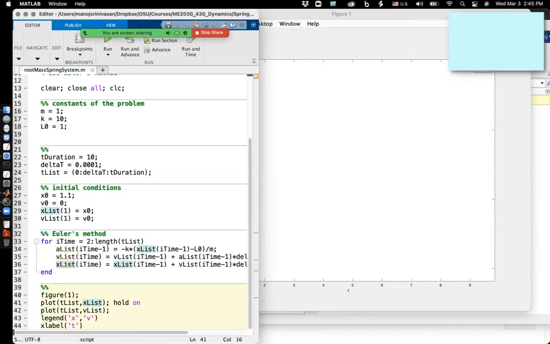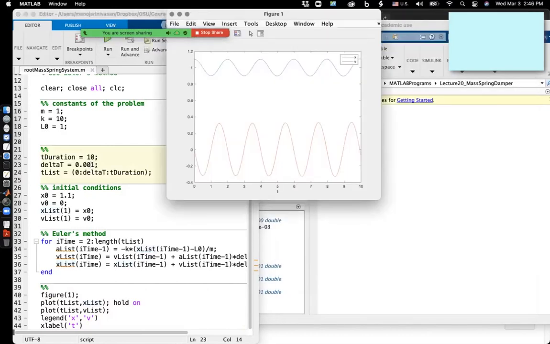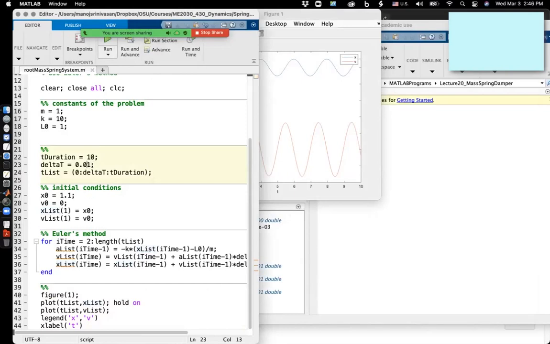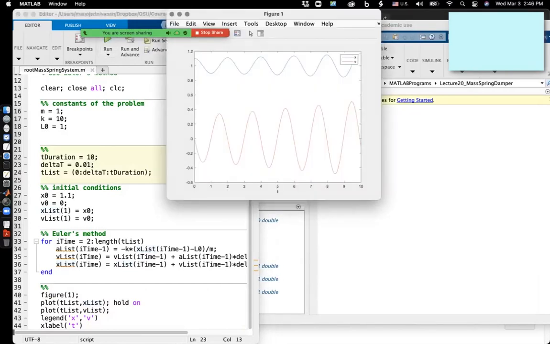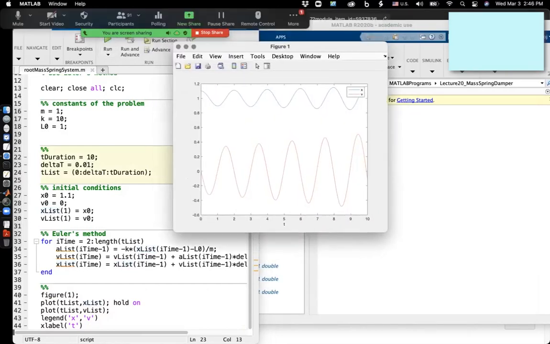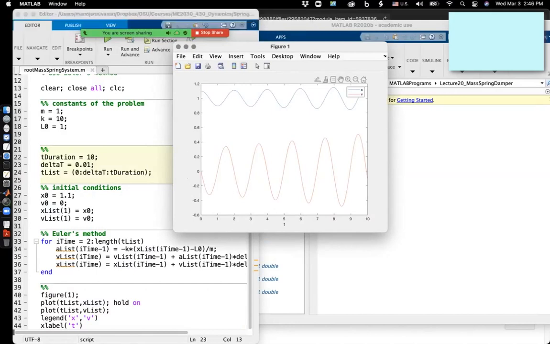Actually, let me say one more thing very quickly. We used delta t equals 0.0001. If you actually increase it, you will notice something funny happening here. The oscillation is not periodic, it's growing in size, which is not physical, right?